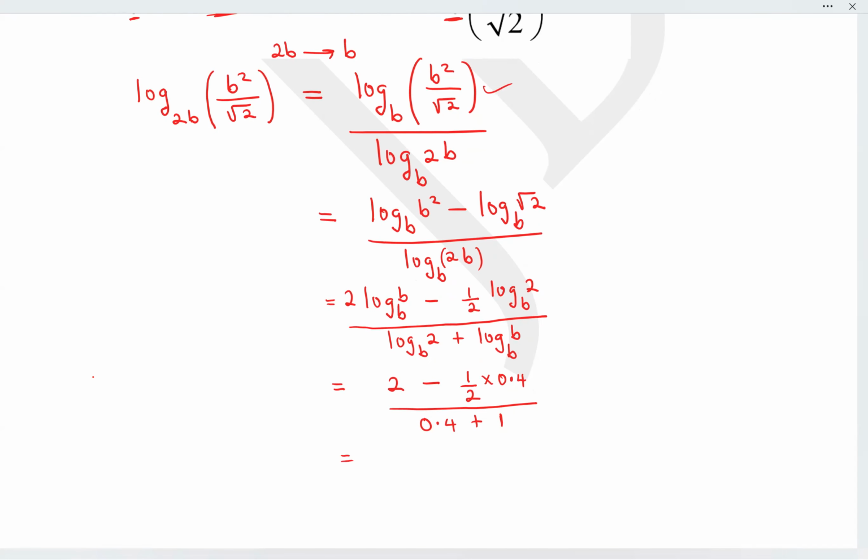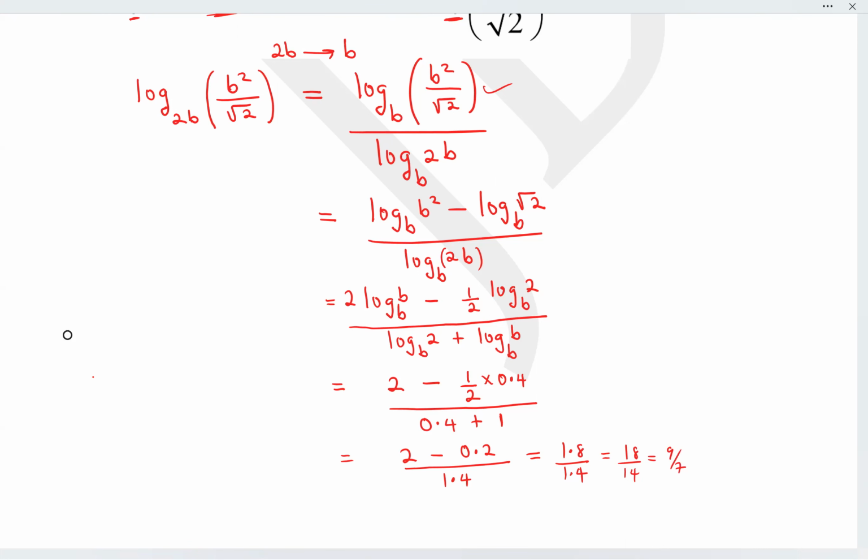So here it is going to be 2 minus 0.2 divided by 1.4. And what do we have here? This will be about 1.8, divided by, let's say, 1.4, right? And here easily we can see that this is 18 over 14, which we can write as 9 by 7?